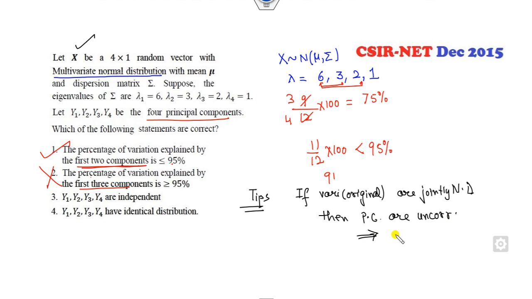This implies the principal components are independent. Whenever there is a jointly normal distribution, uncorrelated if and only if independent. Since it is a multivariate normal distribution, they are independent. We can't say anything about identically distributed, but independence we can say using this result.